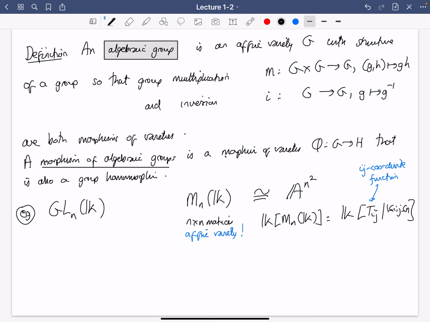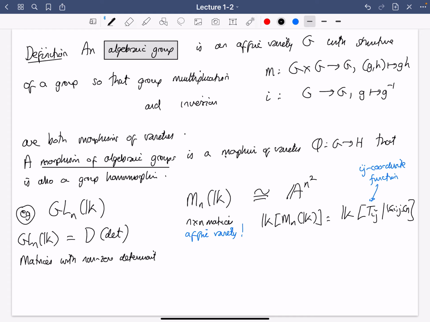That polynomial ring generated by those n squared indeterminates is the coordinate algebra of the affine variety of n by n matrices. And then GL_n of K is just the principal open subset of the variety of n by n matrices defined by the non-vanishing of the determinant, just matrices with non-zero determinant.